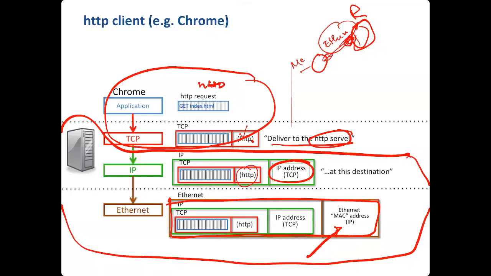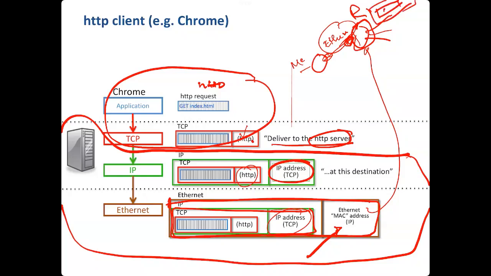In this way, when this Ethernet frame is received here, it will take this IP packet out and look at the IP address, and take a decision where to send it. One of the links will be selected, and before sending it, it will again put that IP packet into that link's packet.